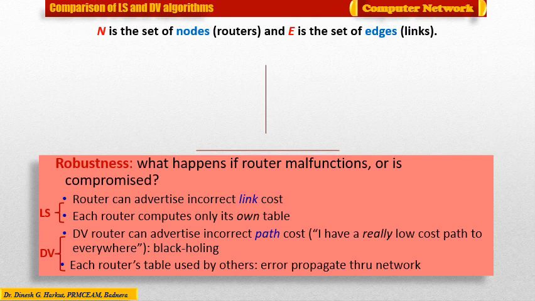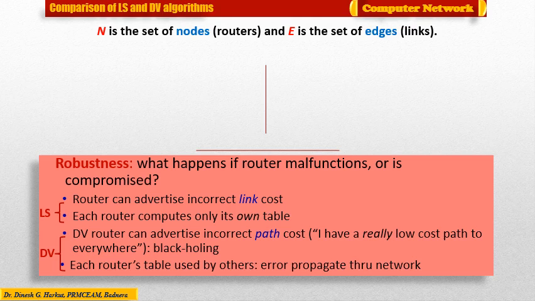A node could also corrupt or drop any packet it received as a part of a link state broadcast. But a link state node is computing only its own forwarding table. Other nodes are performing similar calculations for themselves. This means route calculations are somewhat separated under link state, providing a degree of robustness.